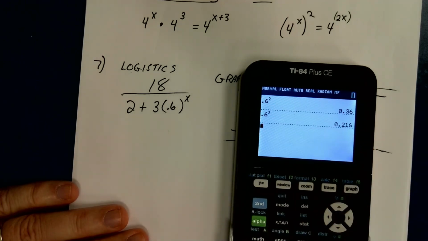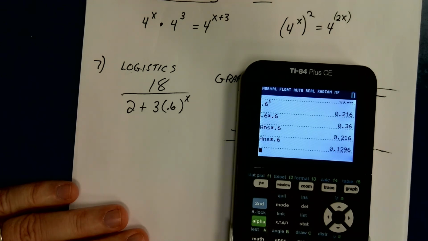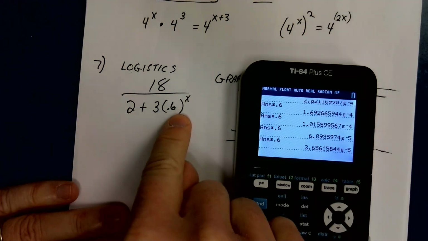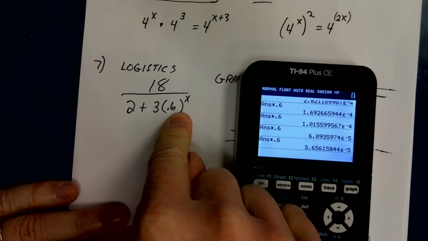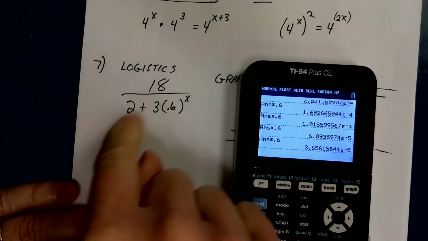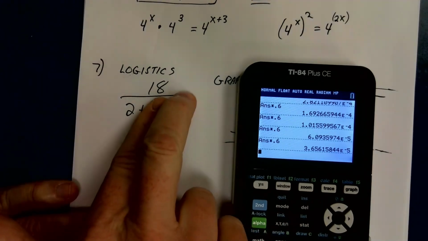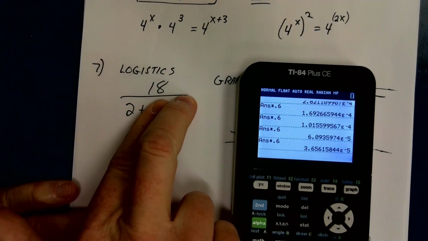You can see that it's getting smaller, over and over again, smaller and smaller. You're in scientific notation now. Whoa! So if that's approaching 0, 3 times 0 is 0. So I have 18 divided by 2, and that's where that 9 comes from, right? So we can kind of just cover that up and go, oh, look, that's where my top horizontal asymptote is.